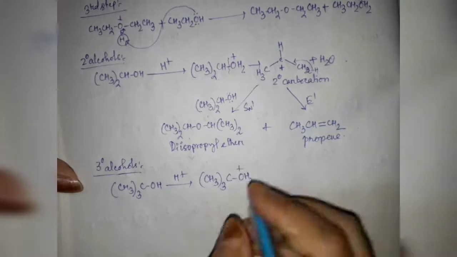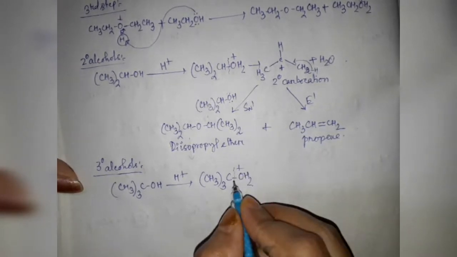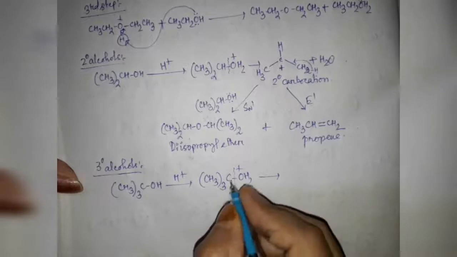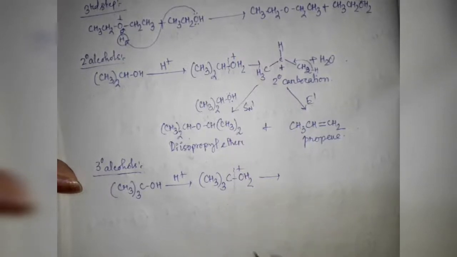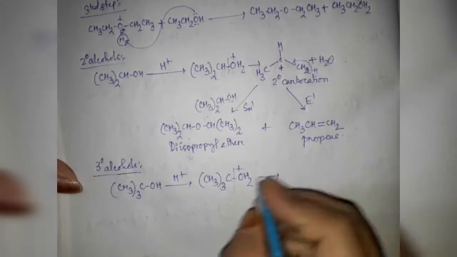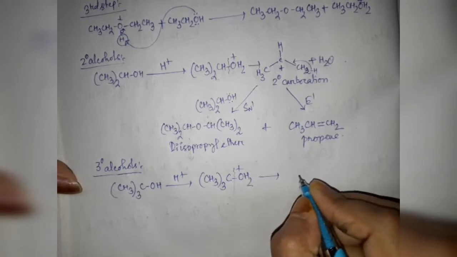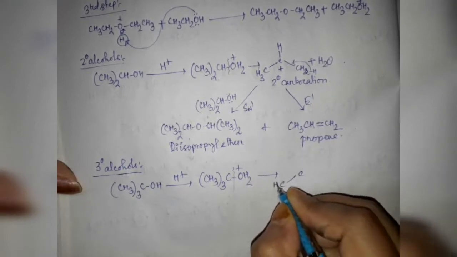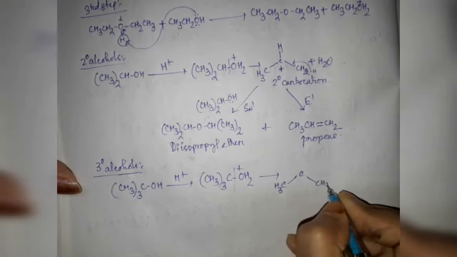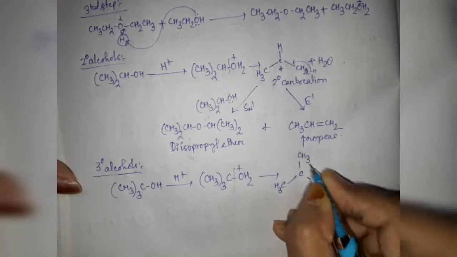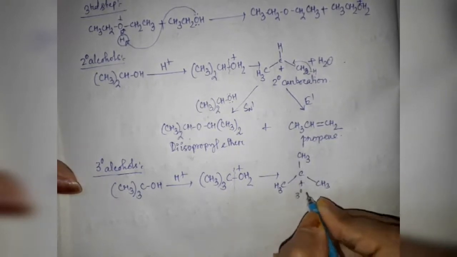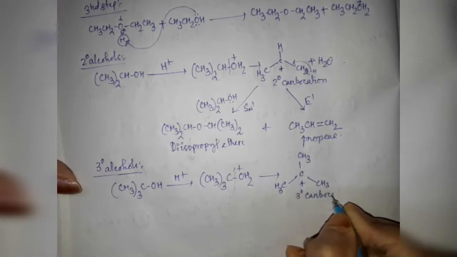You all know that SN2 reaction is impossible with this kind of substrate, so we will have a 3 degree carbocation with the liberation of a water molecule. So the tertiary carbocation will be formed like this.